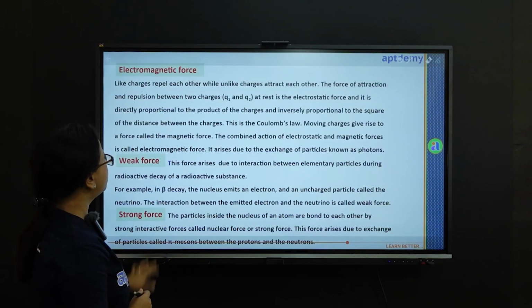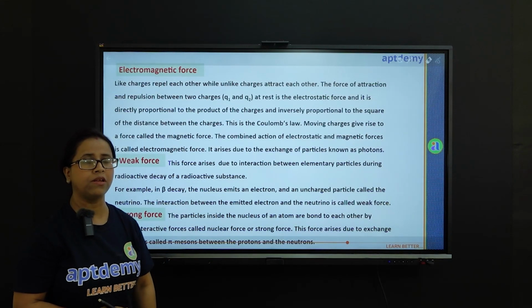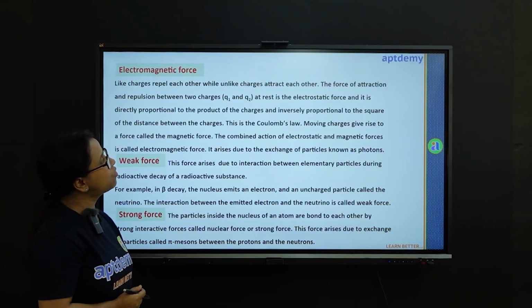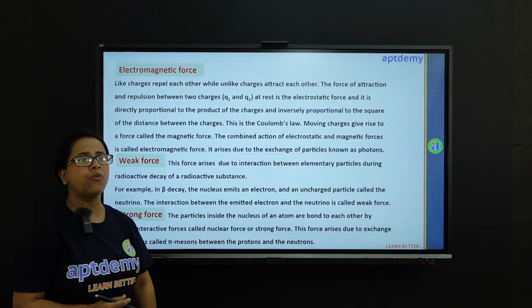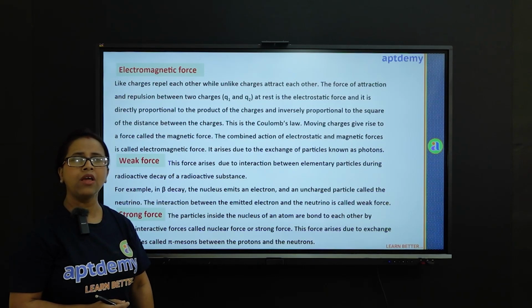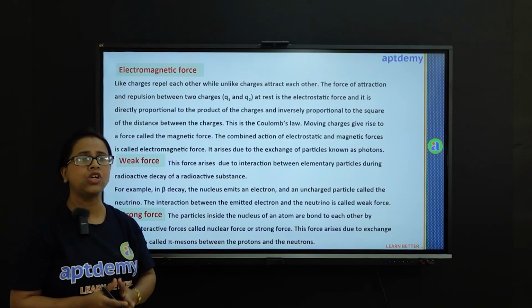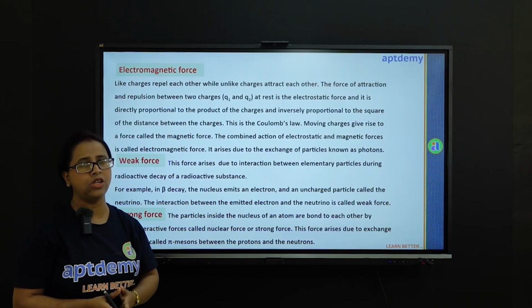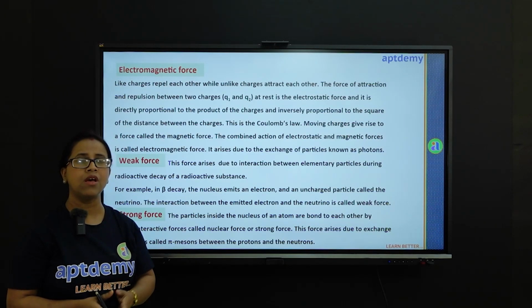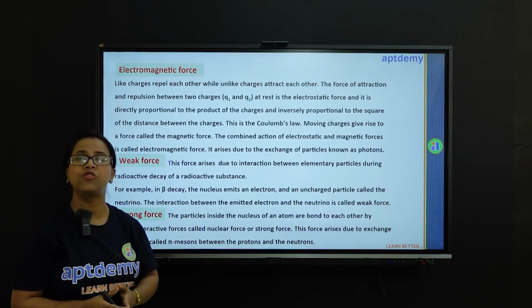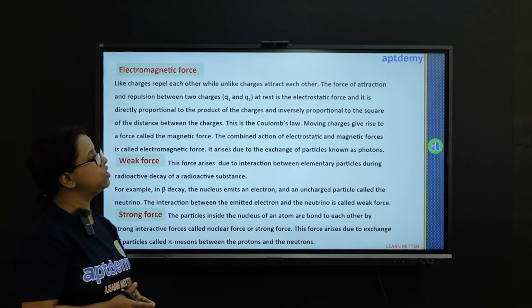Now, looking at the next type of fundamental force, we have the electromagnetic force. Like charges always repel each other, while unlike charges, that is positive and negative charges, attract each other.